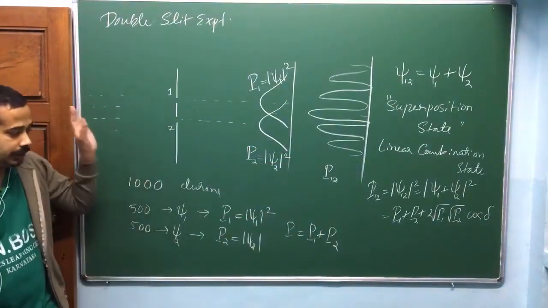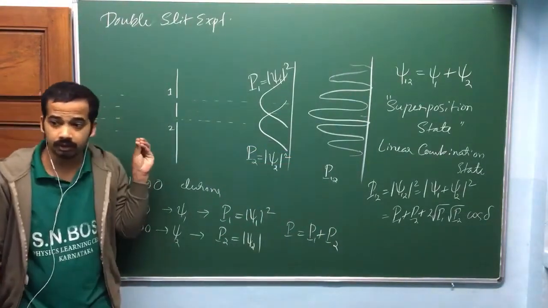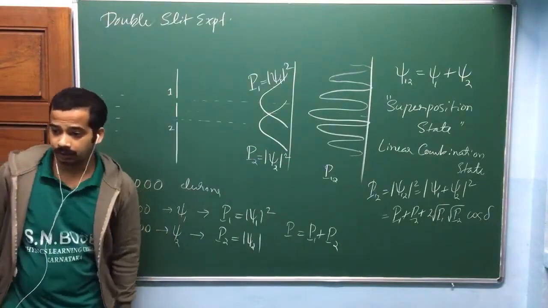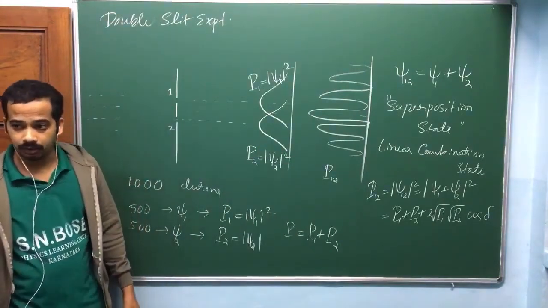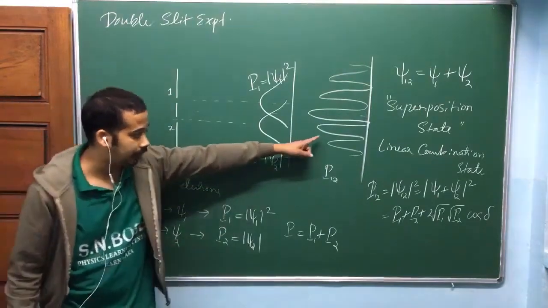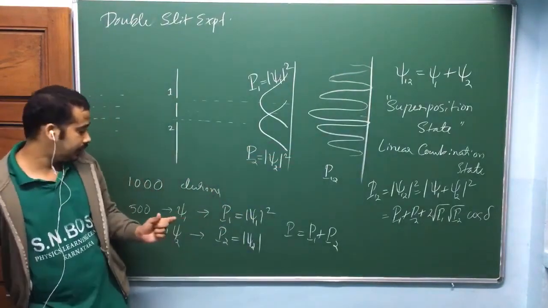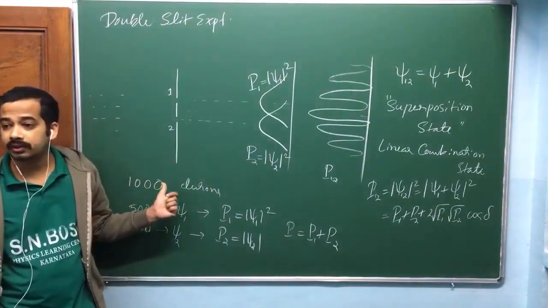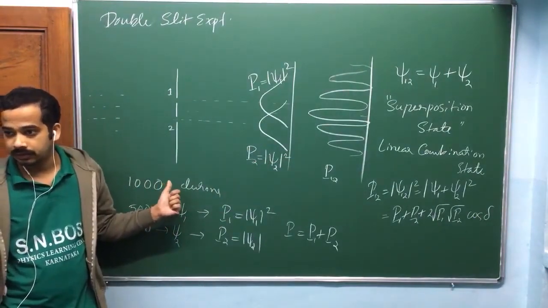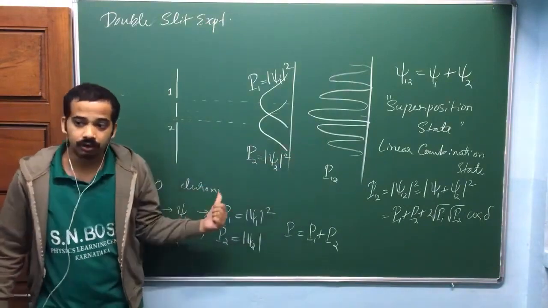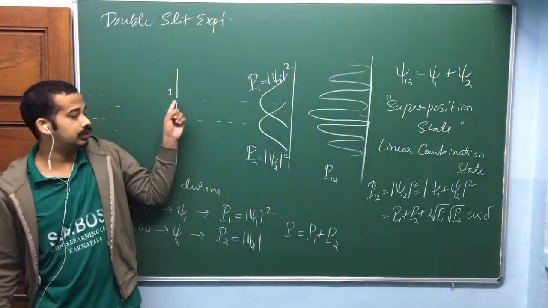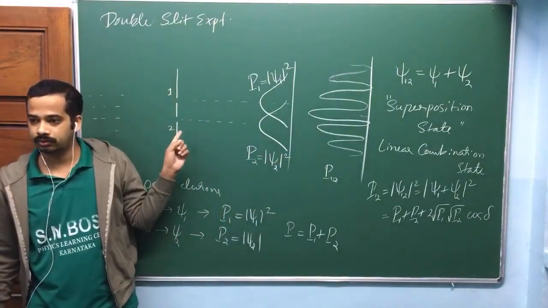So that's why, when you keep it unobserved, I am talking about when you are not observing, you get this pattern. When you are not observing, it is wrong to say that the electron passes through either of the slits, either slit 1 or slit 2.